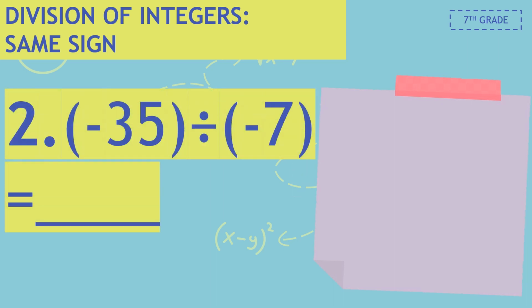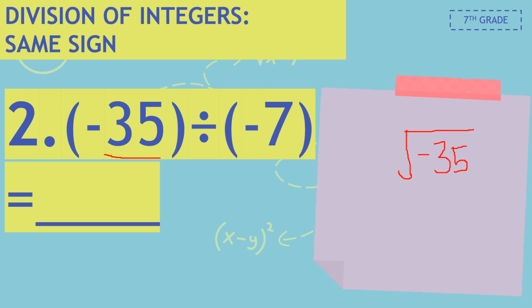Next one, we have negative 35 divided by negative 7. Again, let's try using the long division for this one. Ang dividend po natin yung nasa loob, so this time, ang dividend natin is negative 35.